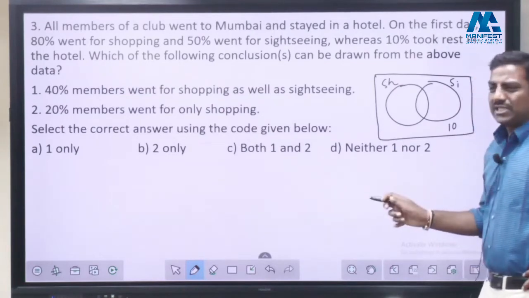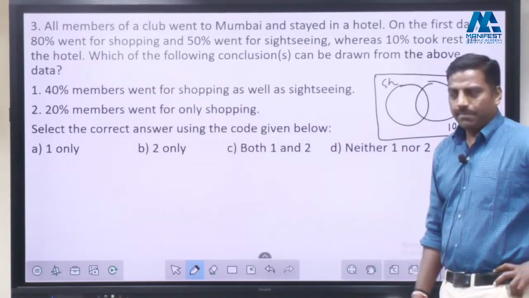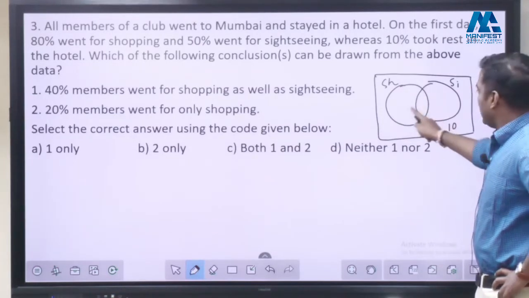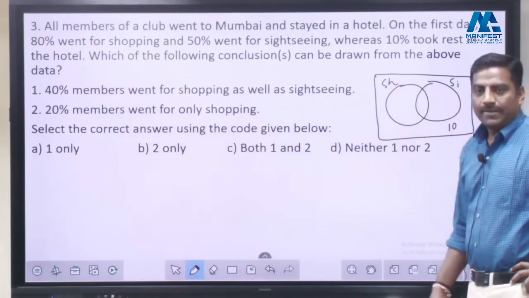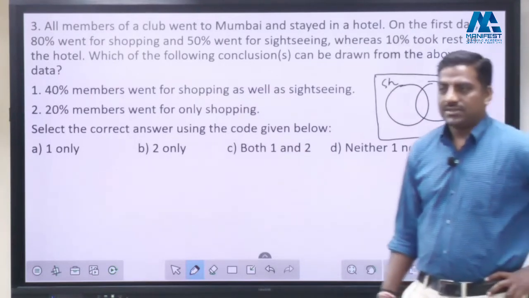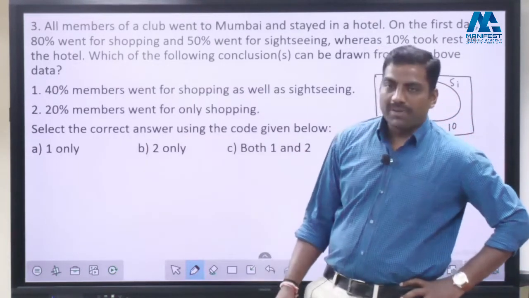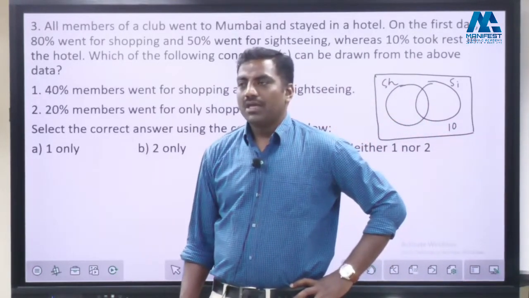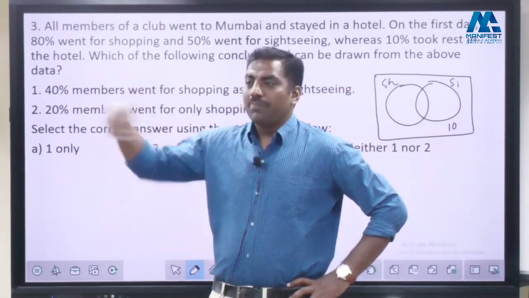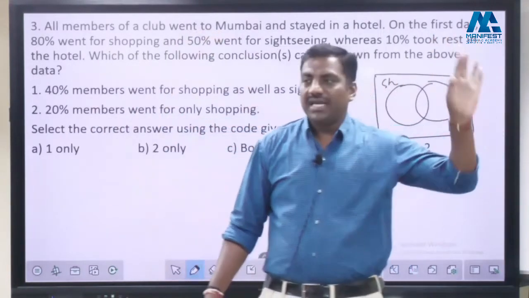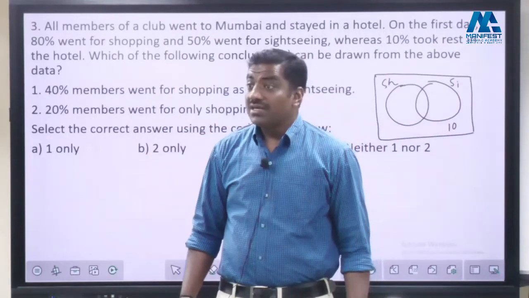Don't put percentage and all, you can just put 10. So 10 people are already marked here. So in these three sectors, how many do I have to fill? 90. But if you take the exclusive sets of sightseeing and shopping, how many members will you get? If you take 80 of them shopping alone, 50 of them sightseeing alone, 130 we would have got.